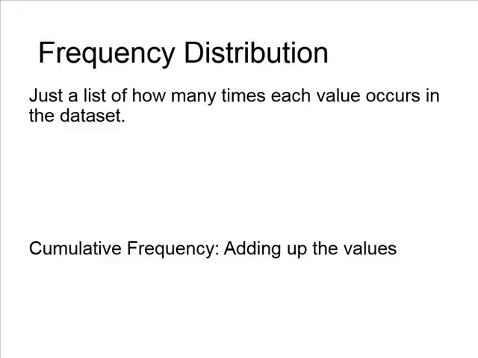The table is known as a frequency distribution. The frequency tells us the number of times each value occurs in the data set. This is just a very simple list. It's a counting. So when we construct this, where are we going to start?